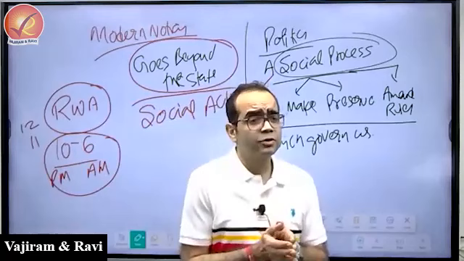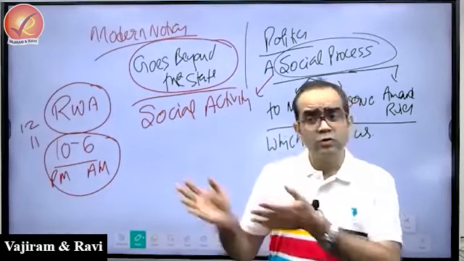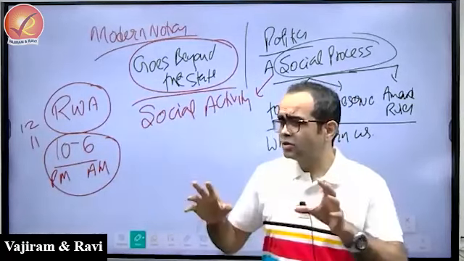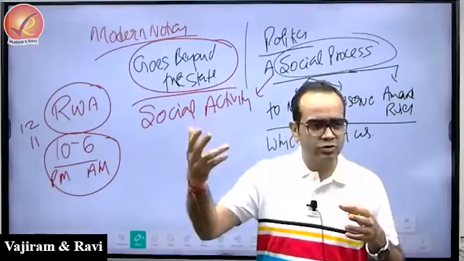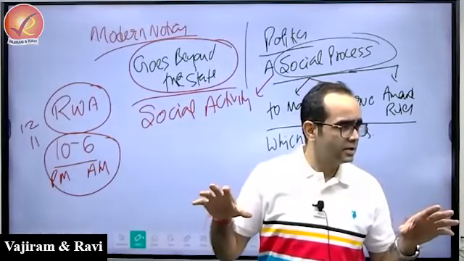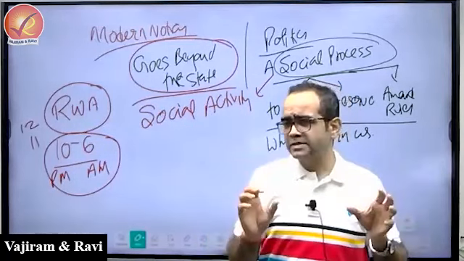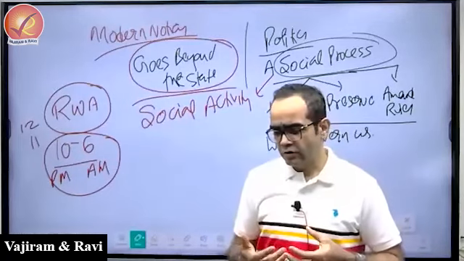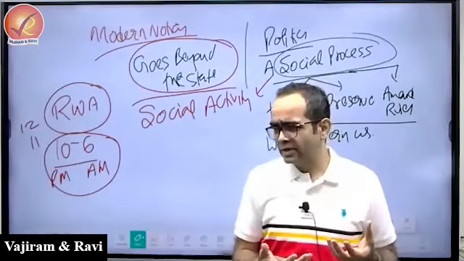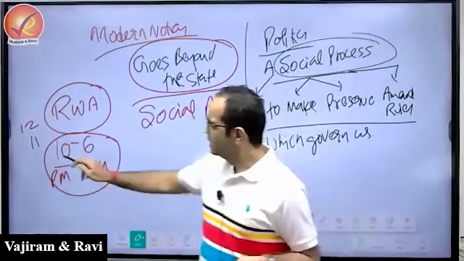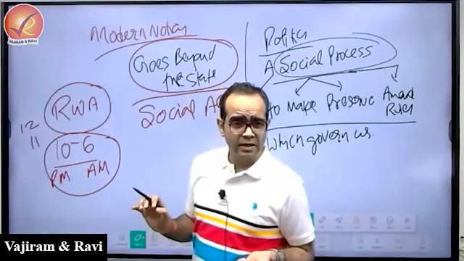But others say no, 12 to 6, it's not time. Nowadays winter is approaching, by 6 o'clock it is total dark. And with a lot of instances of snatching and stealing happening, for our security, let us go for 10 to 6.